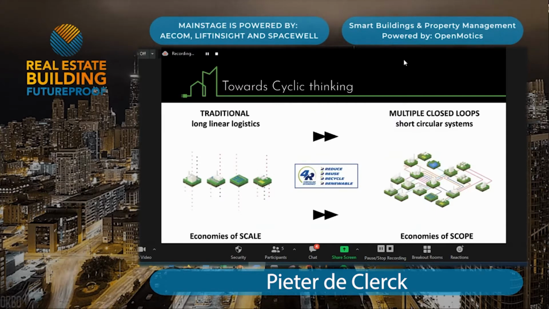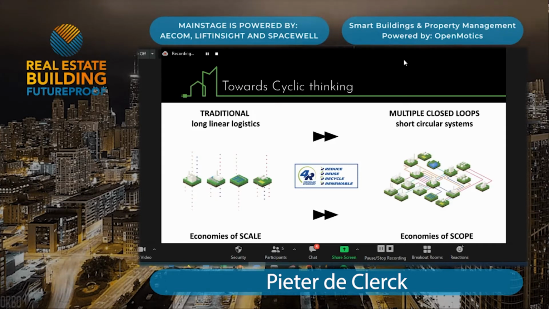What we see now is that in a traditional model, we use the economies of scale. We would try to get large installations, large power plants to get the highest cost advantage possible. So fewer products with a high margin. But we see a shift to the economies of scope.